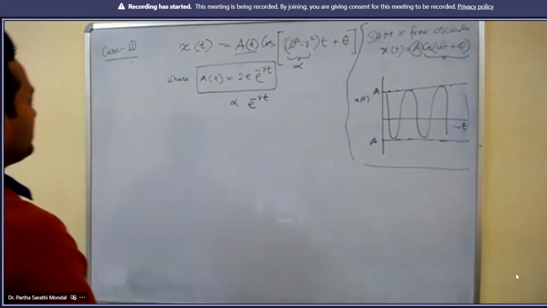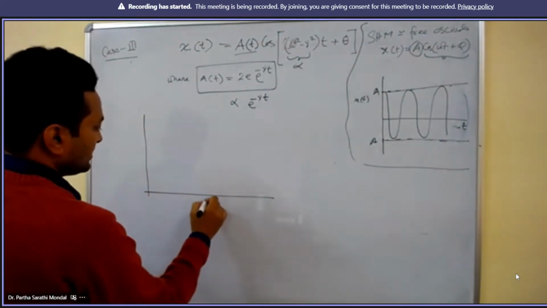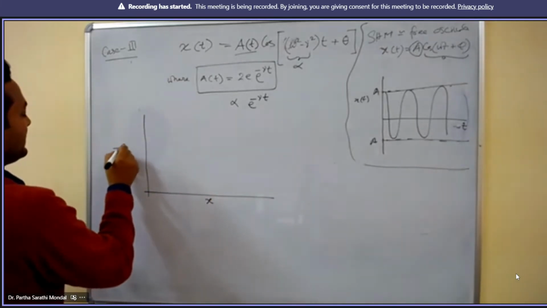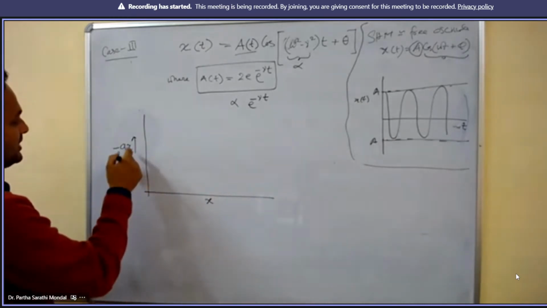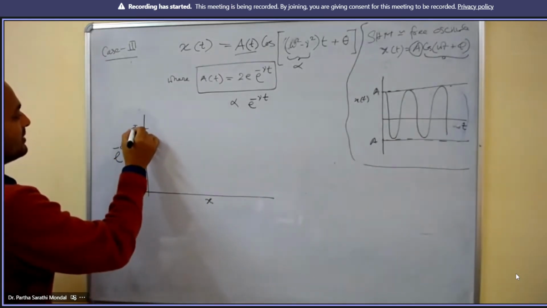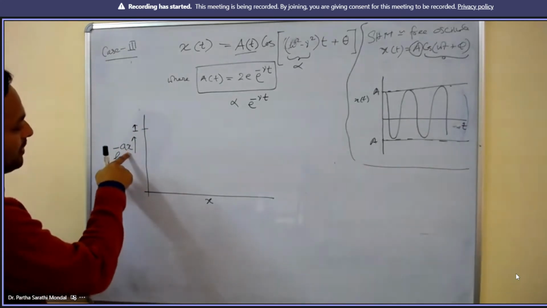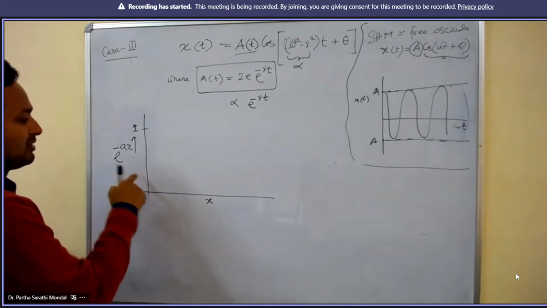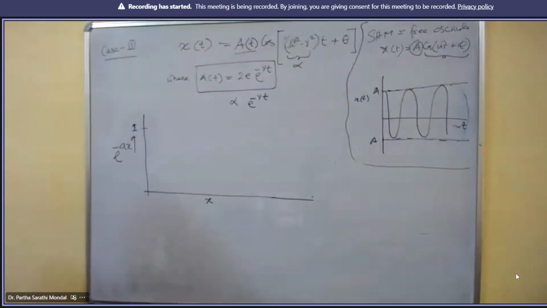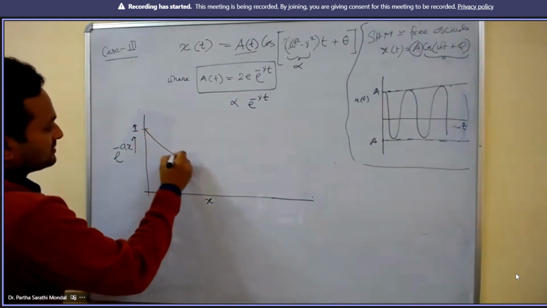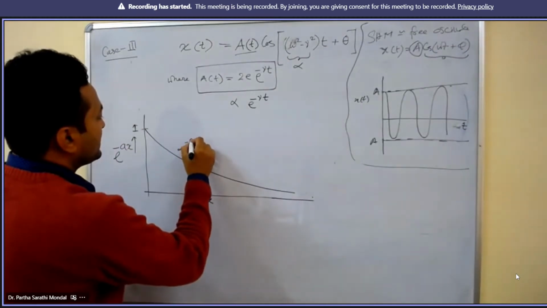If you plot e to the power minus ax, then at x equal to 0 it will be 1, since e to the power 0 is 1, and if I put minus infinity it will become 0. So it will look something like this. This is proportional to e to the power minus ax.